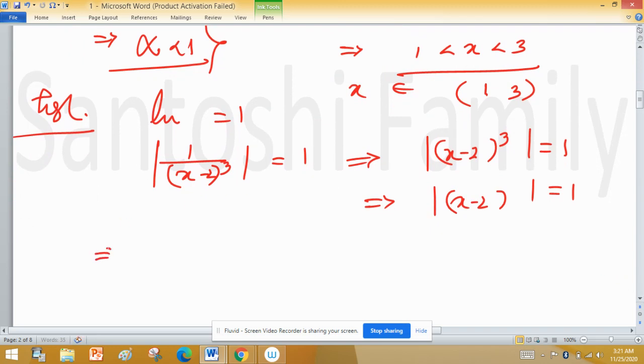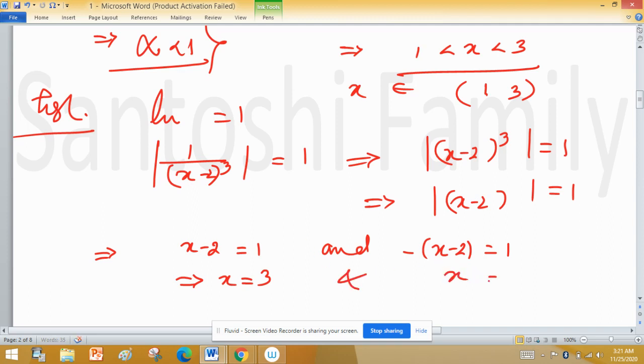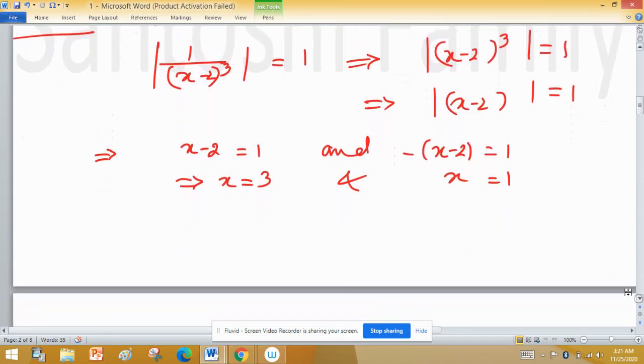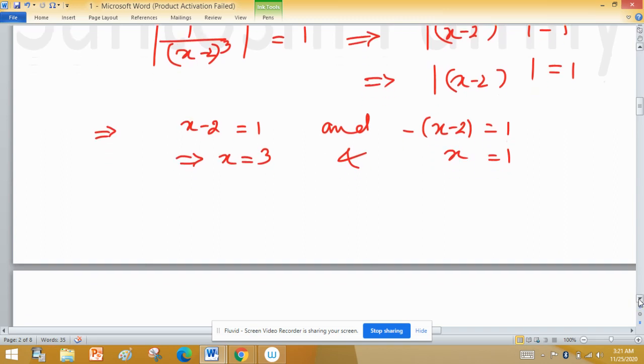This implies x minus 2 equal to 1 and minus of (x minus 2) equal to 1. This implies x equal to 3 and this implies x equal to 1. So we need to test these 2 points, when x is equal to 3 and when x is equal to 1. First, test at 1.